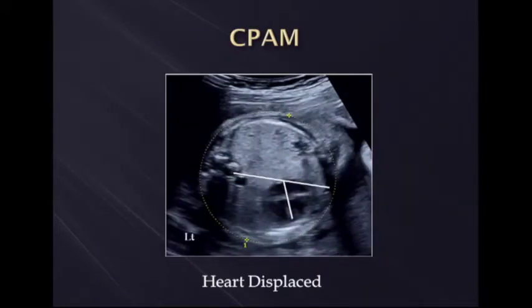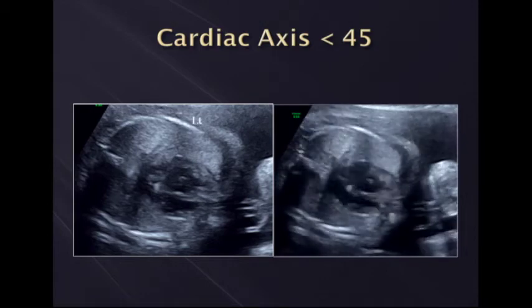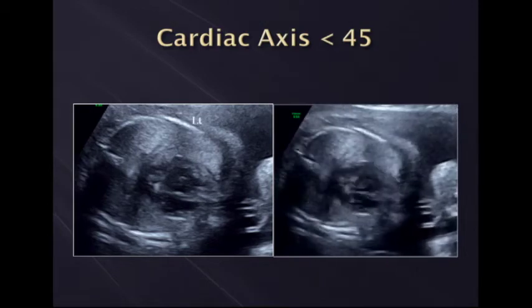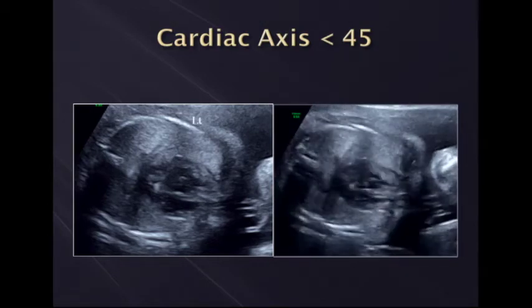Here we have a CPAM, and you can see in this case the heart axis isn't too bad, but certainly it's above 45 degrees, and you can see that the heart is displaced into the left hemithorax by this large mass on the right side. Here's an interesting case, and you look here, the axis is about 0.